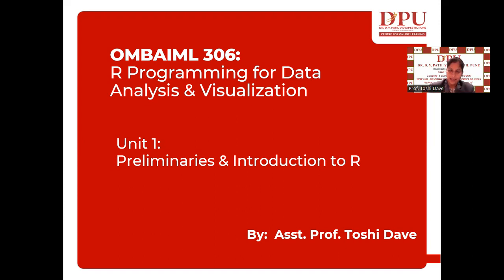The thing is that R is a programming language, and R also facilitates statistical computing. This is why it is part of artificial intelligence, machine learning, as well as business analytics. So here we go with our first unit.